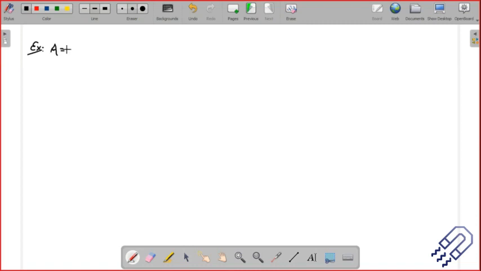So A is equal to, let me just take this, the matrix 1, 2, 3, minus 5.